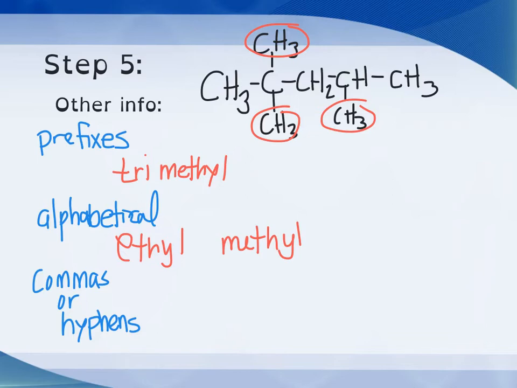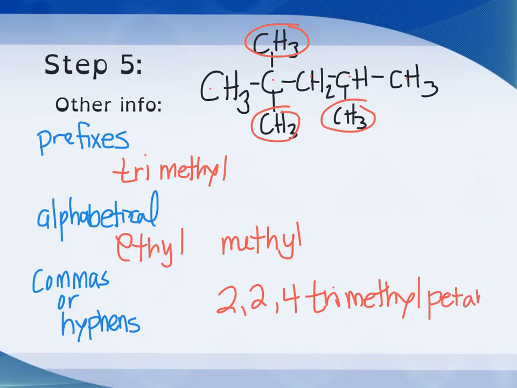And then you're going to use commas. Our example up here would be 2,2,4-trimethyl. And then we'd have our branch chain, 1, 2, 3, 4, 5. Our carbon chain is a 5, so this would be pentane. You use commas in between the numbers, and you use hyphens if you need to use multiple different branches.